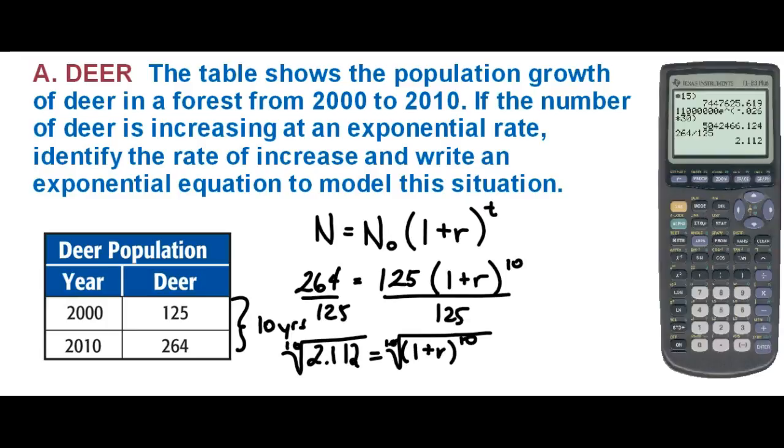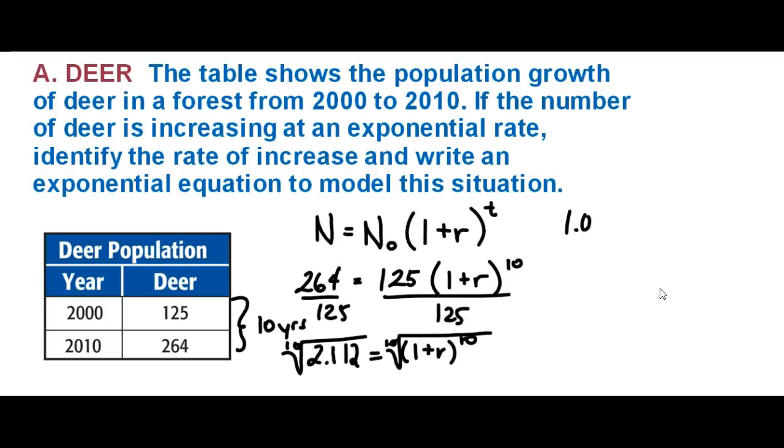The 10th root of 2.112, we can just go ahead and take that to the 1/10th power. That's essentially the same thing, if you recall how to use fractional exponents. So 2.112 to the 1/10th power is 1.078.